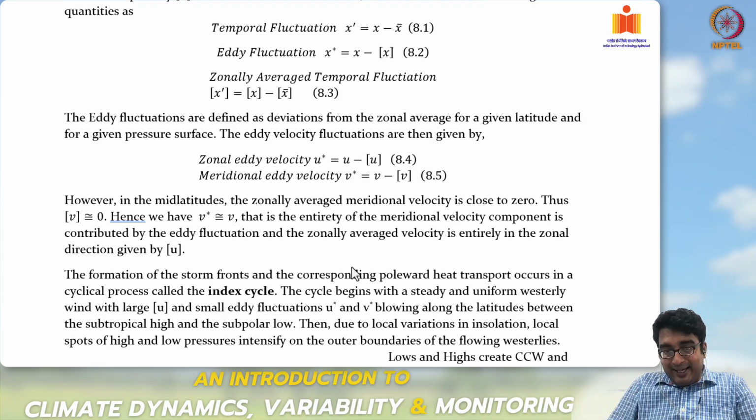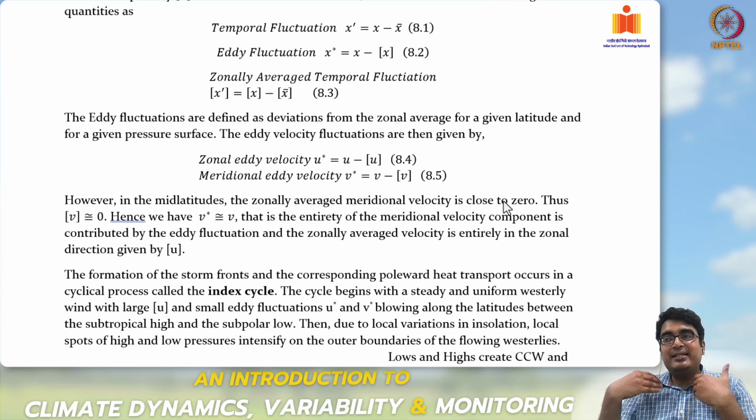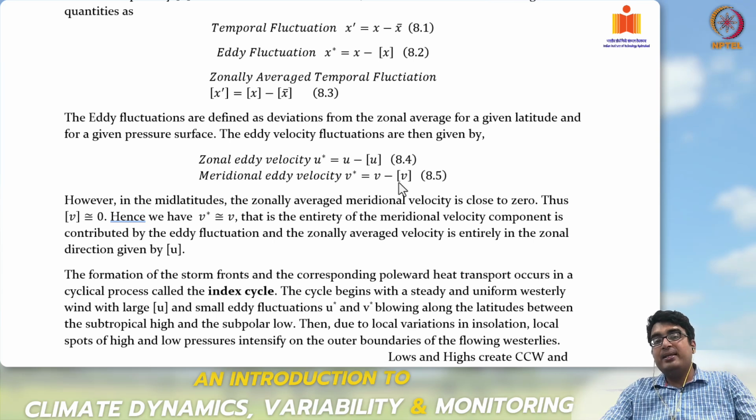However, in the mid-latitudes, the zonally averaged meridional velocity, this v under brackets, is close to 0. Ferrel is very weak, so the south to north transport and associated average wind velocity is close to 0. If this is close to 0, then the meridional eddy velocity is almost equal to the instantaneous velocity, the actual eddy velocity.